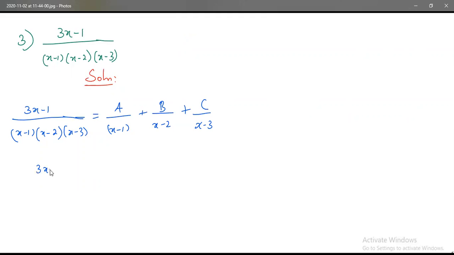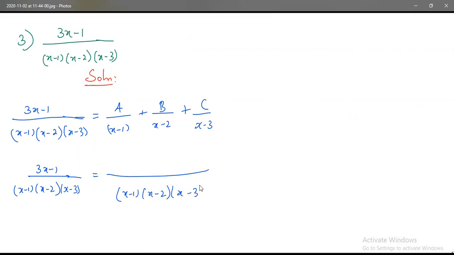The left side remains the same, x minus 1, x minus 2, x minus 3, and in the right side the denominator is x minus 1, x minus 2, x minus 3, and the numerator, you have x minus 1 there, so the remaining is x minus 2 and x minus 3.